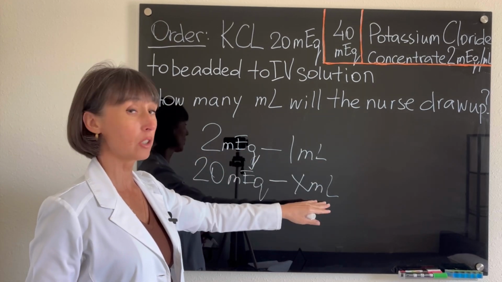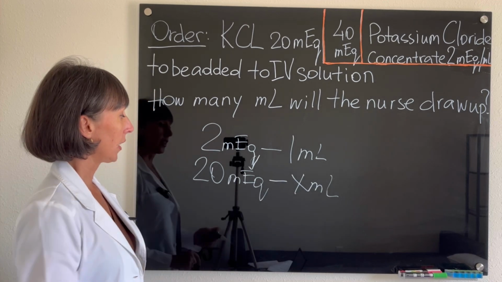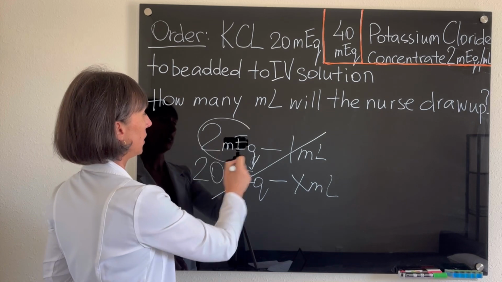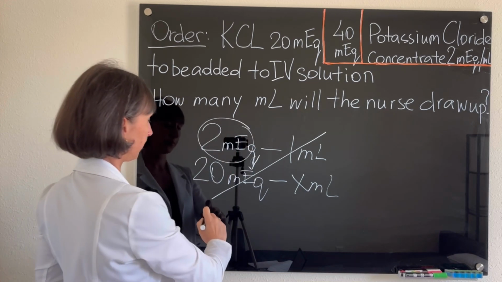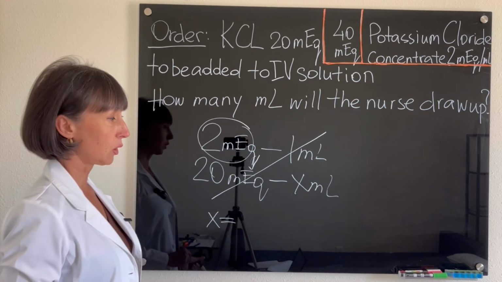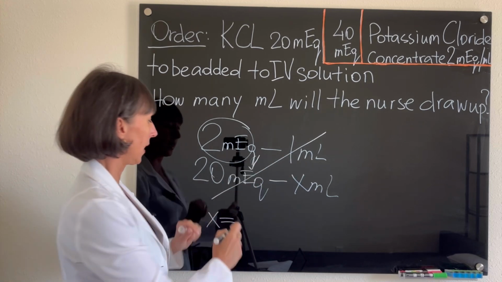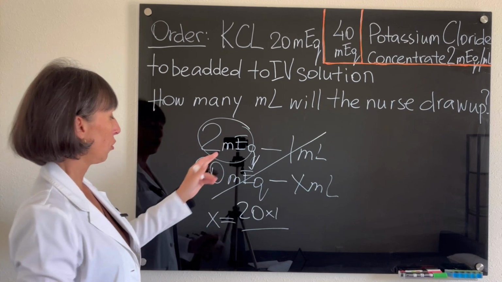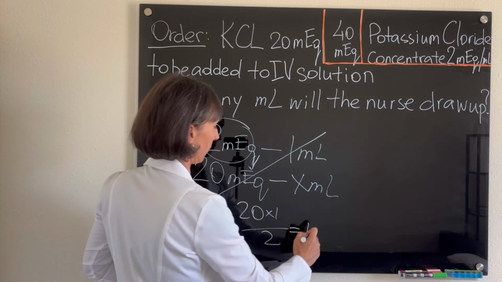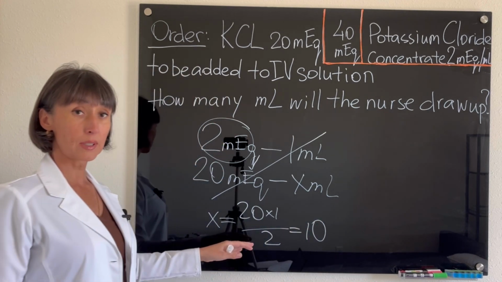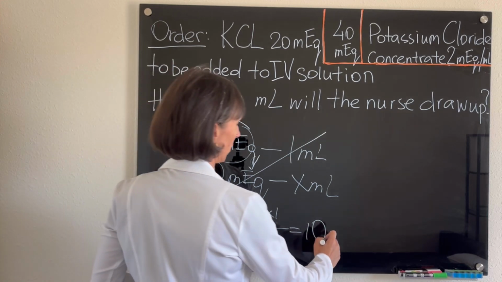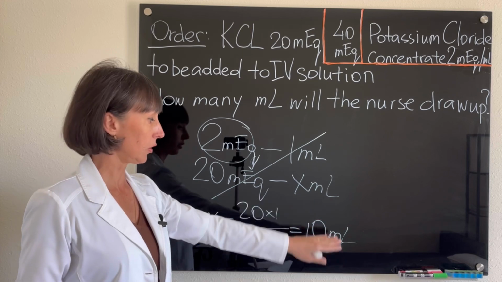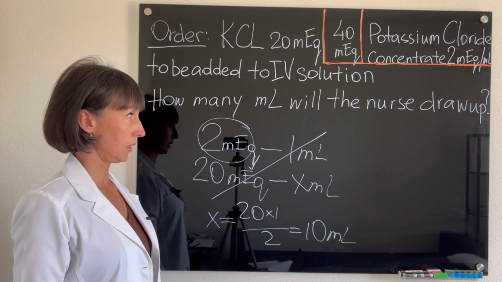Do we have milliliters under milliliters? After checking that, we find the diagonal to multiply, and we divide by the third number. X equals, in this case, 20 times 1 divided by 2, and that equals 10 milliliters. I found my milliliters because I set my X with milliliters, so I know this is my answer.